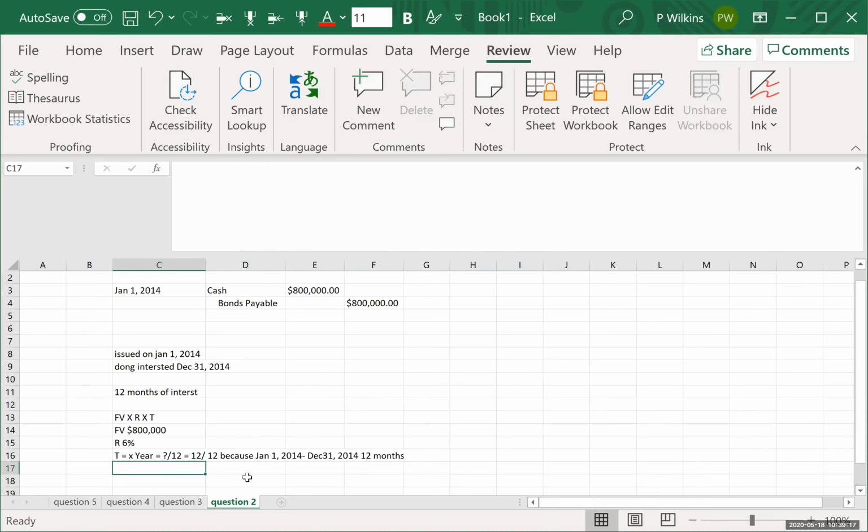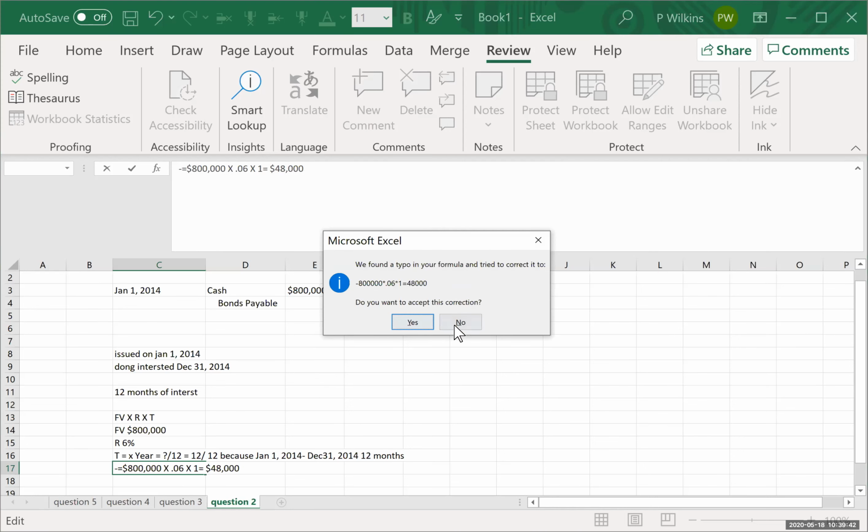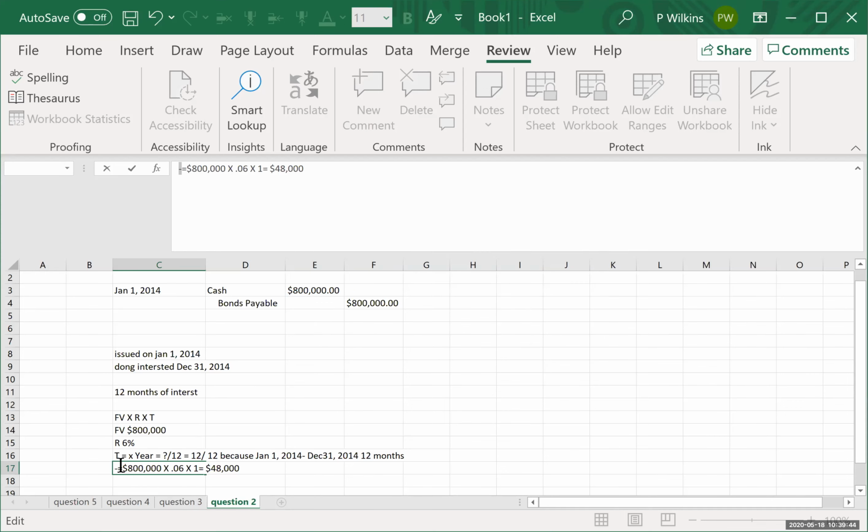So this becomes $800,000 times 6%, 0.06, times 12 over 12, which is 1, right? And so that is equal to $48,000. So $48,000 is the amount of interest.